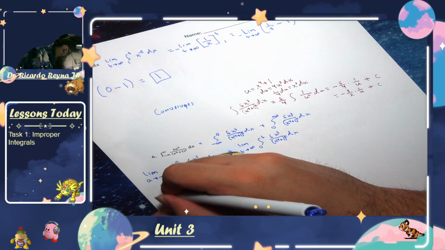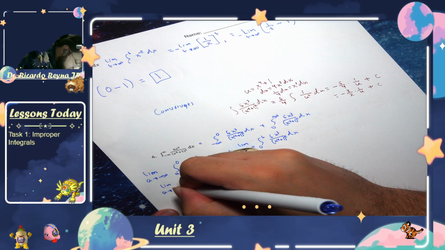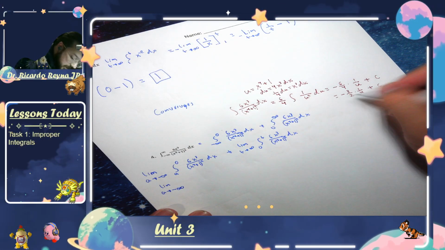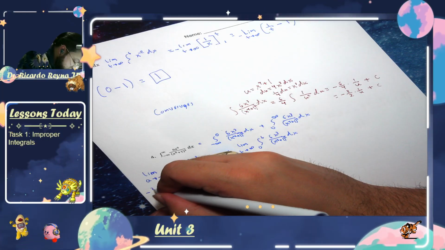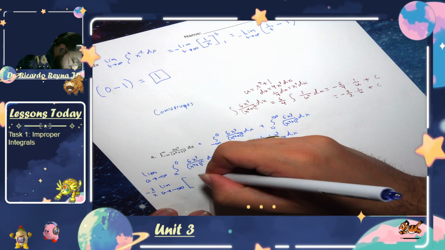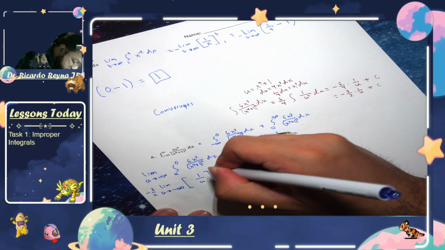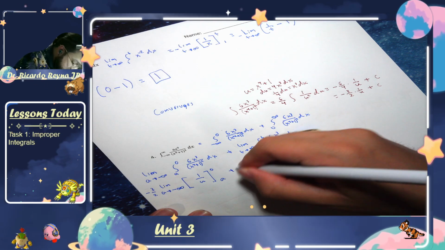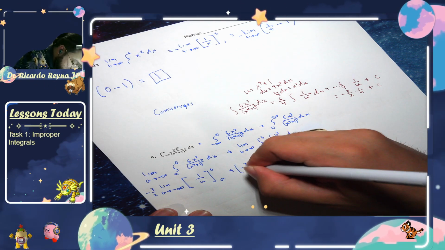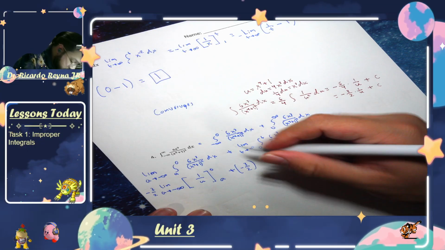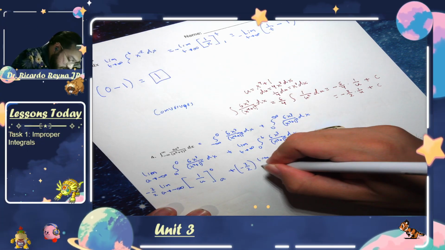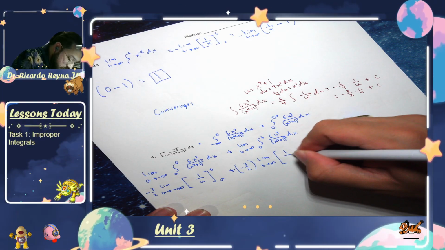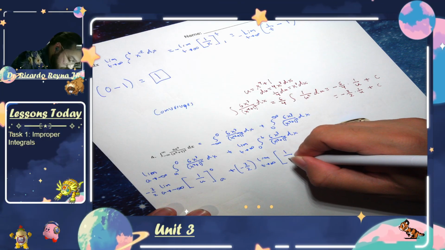The limit as a goes towards negative infinity. And technically, I can let the constant escape of negative 3 over 2 of 1 over u from 0 to a, and plus the same thing, a negative 3 over 2, the limit as t goes towards infinity of 1 over u.